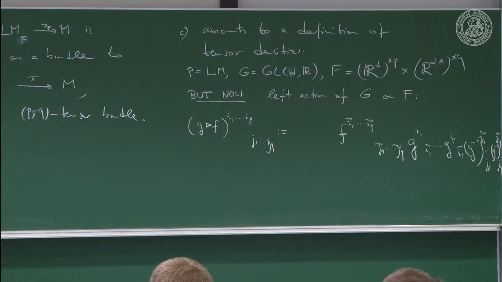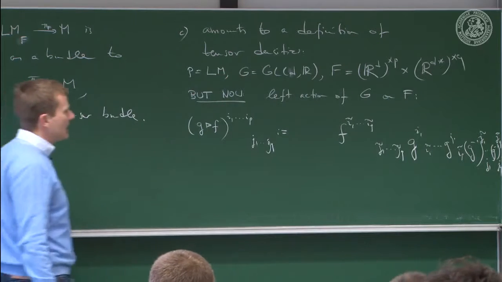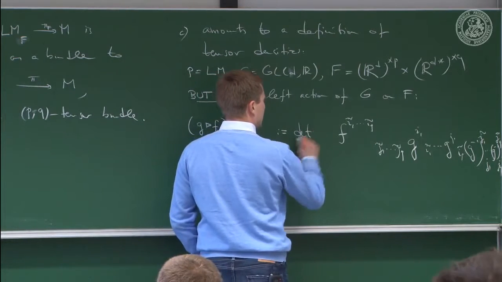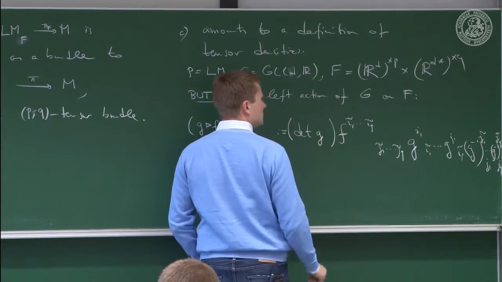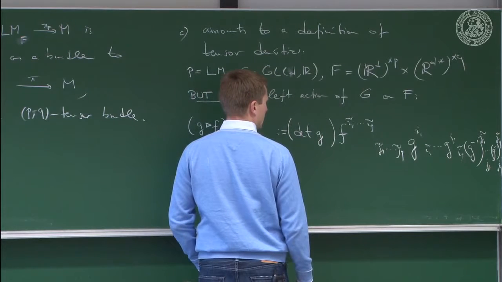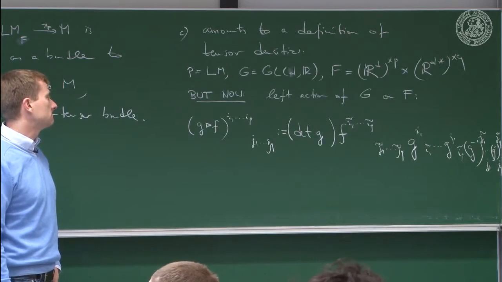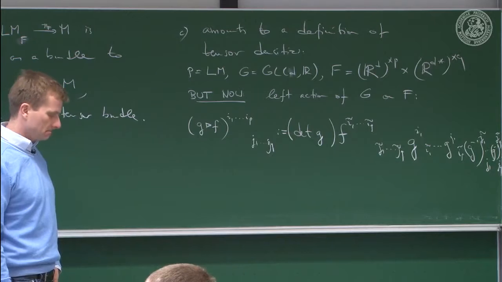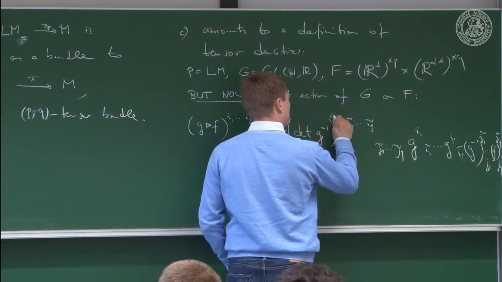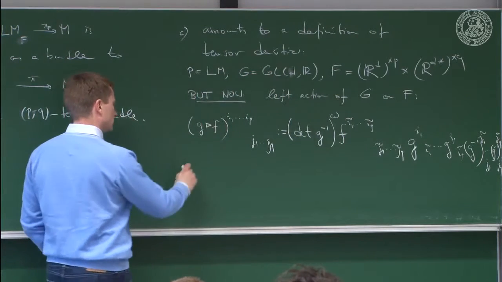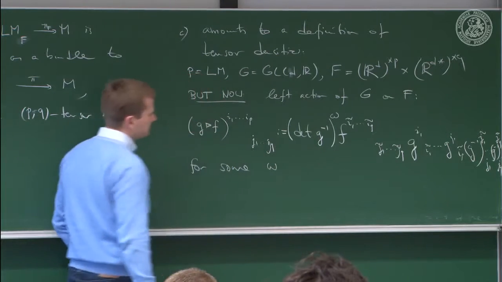If we left it like this, it would again be a bundle isomorphic to the PQ tensor bundle. But now we do something new. We write in front another factor, namely the determinant of G inverse, let me think for a second, I think it's the determinant of G inverse to a power omega, for some omega.